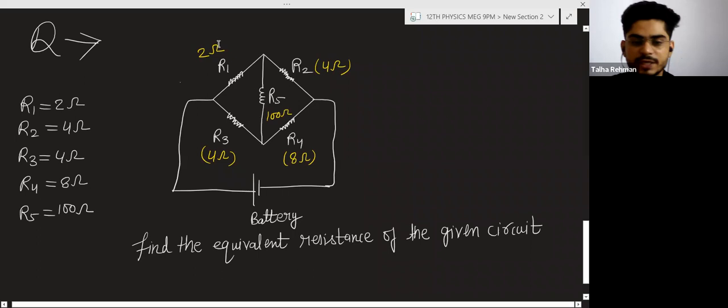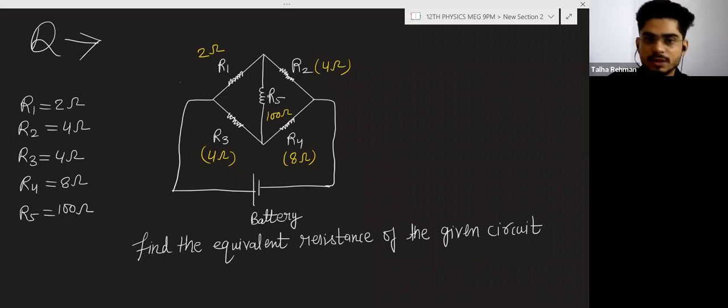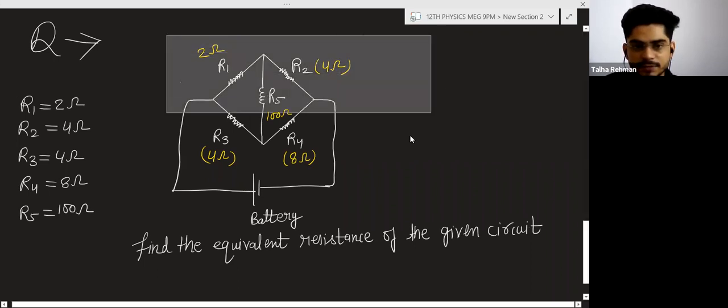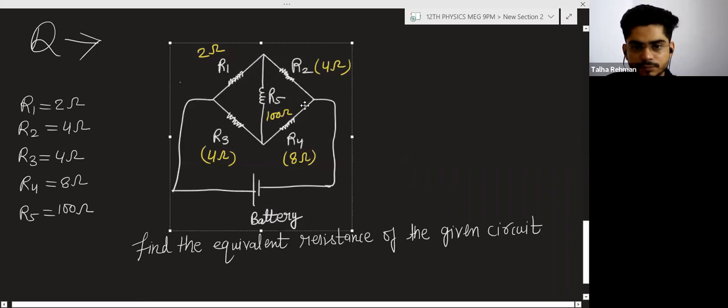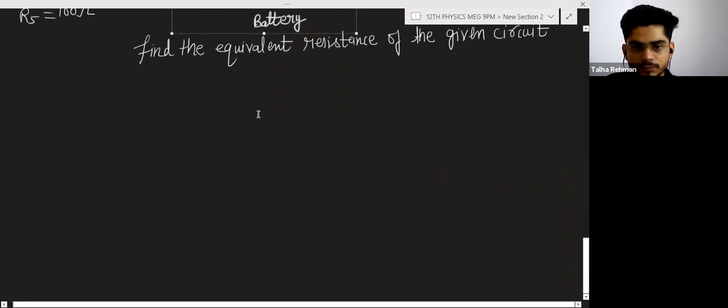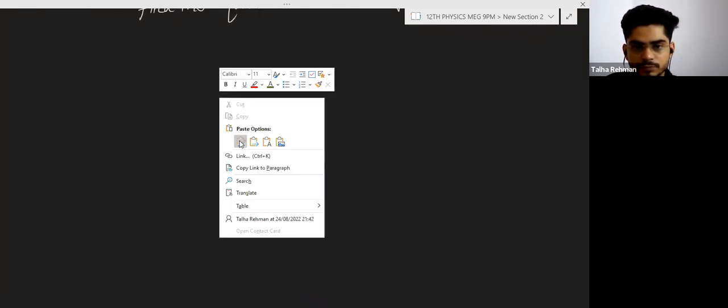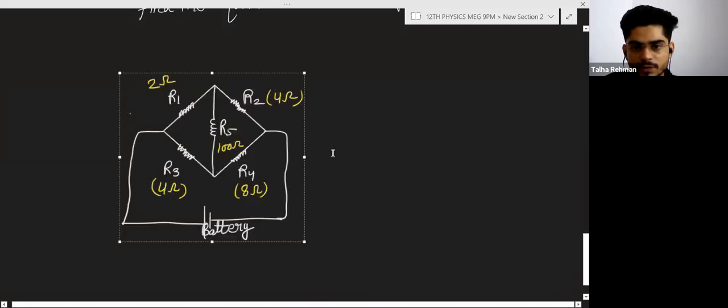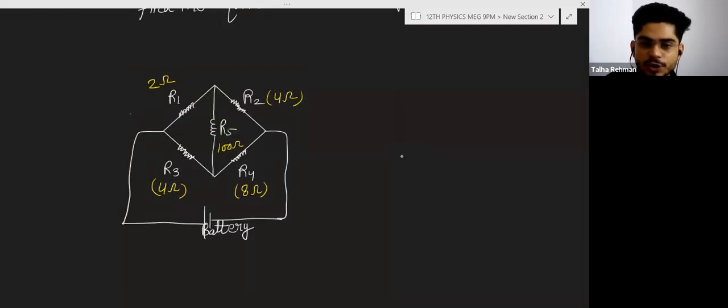So Hamza, what we will do here, we have this circuit. I have told you this is a combination of 5 resistances, and this is the Wheatstone bridge.